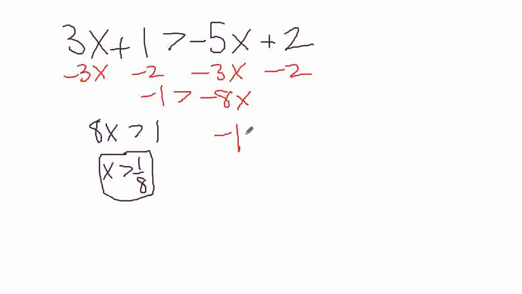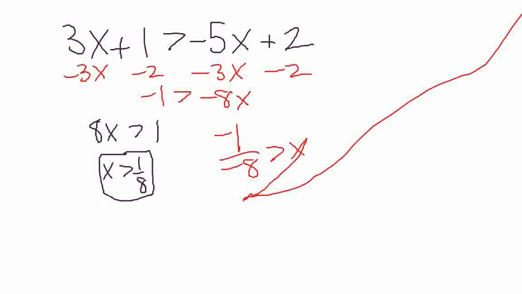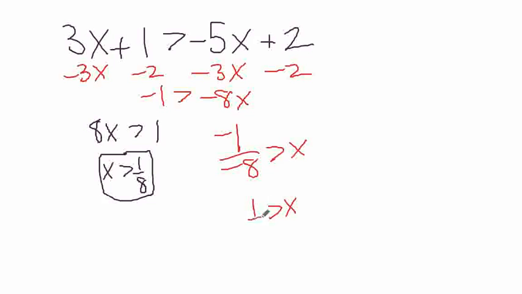But this isn't an equation. If you divide by minus 8 and you do it just like you would an equation, you're going to get that x is less than 1/8.